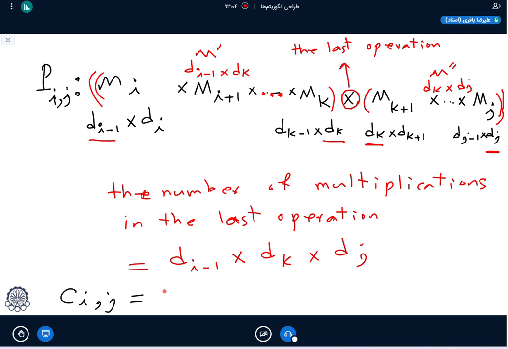Let Cij denote the total number of multiplications in problem Pij. In the left side we have Cik. In the right side we have C_{k+1,j}.